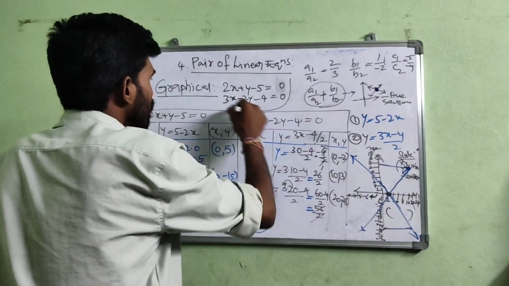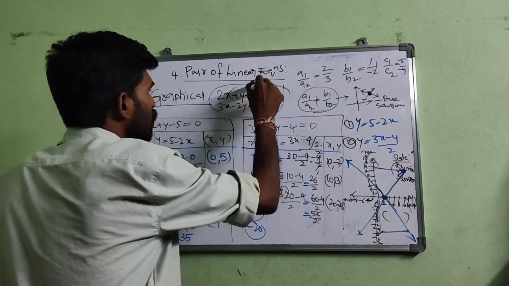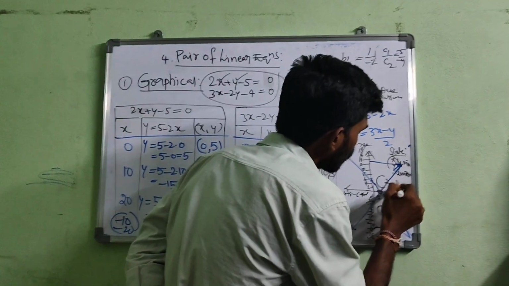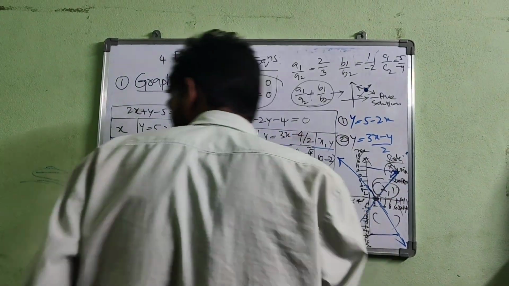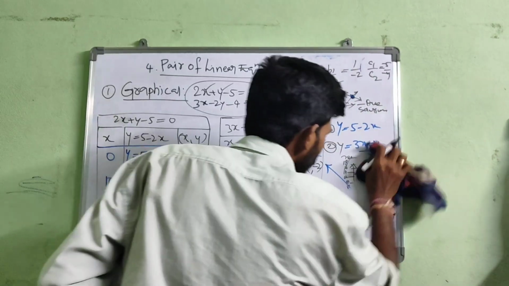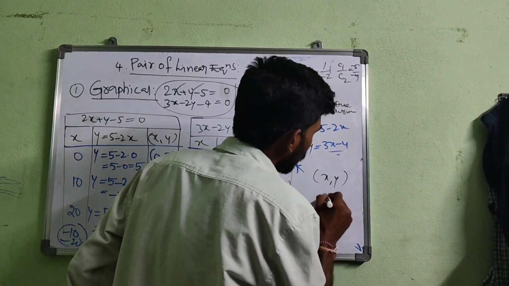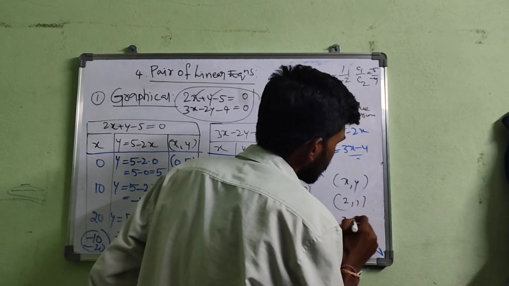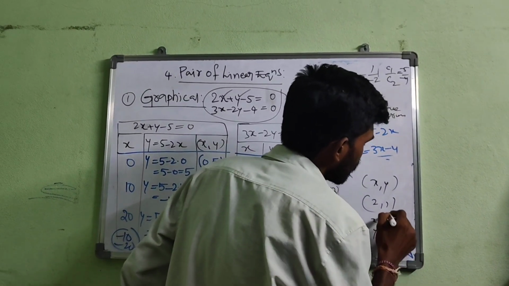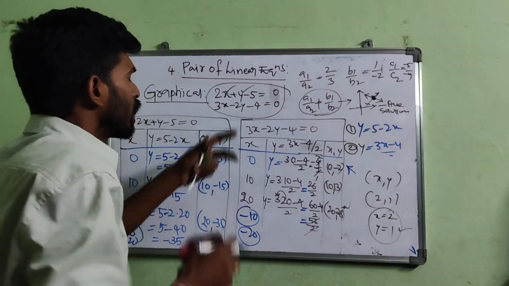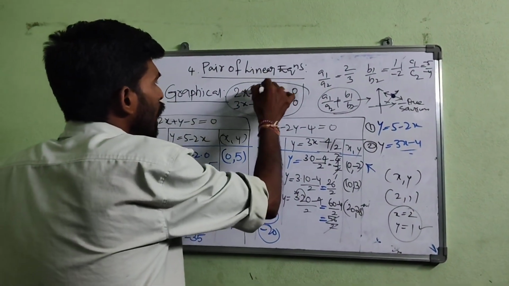Here in these linear equations we will get the values of x and y. This is touching at 2 comma 1. That means x comma y is 2 comma 1. That means x equal to 2 and y is equal to 1. These are the values of the linear equations. Here 1 and here 2.